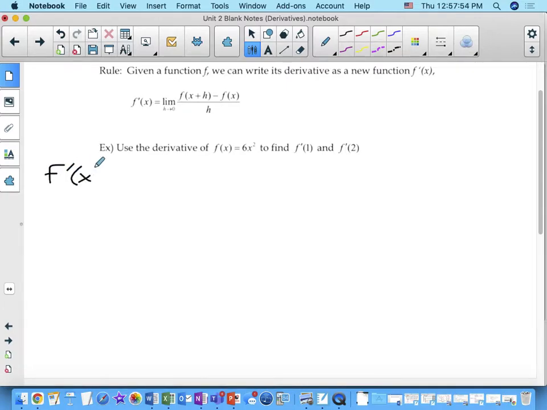f prime of x equals the limit as h approaches 0 of f of x plus h minus f of x over h.